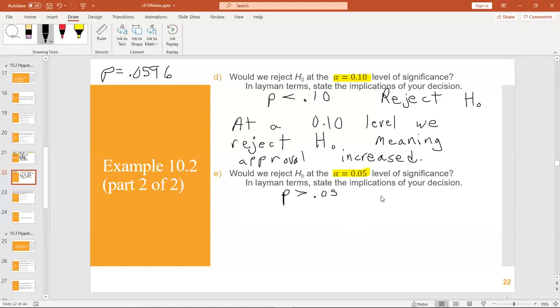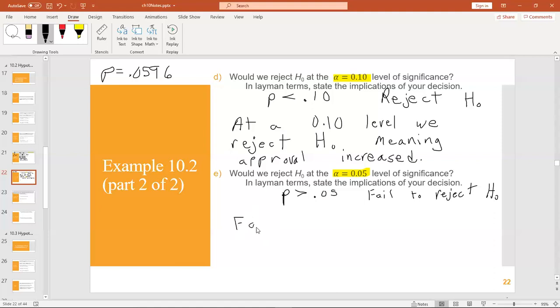Guess what, my friends? That's actually bigger than 0.05. So then that would mean you fail to reject H0. Which is another way of saying you failed to find evidence.